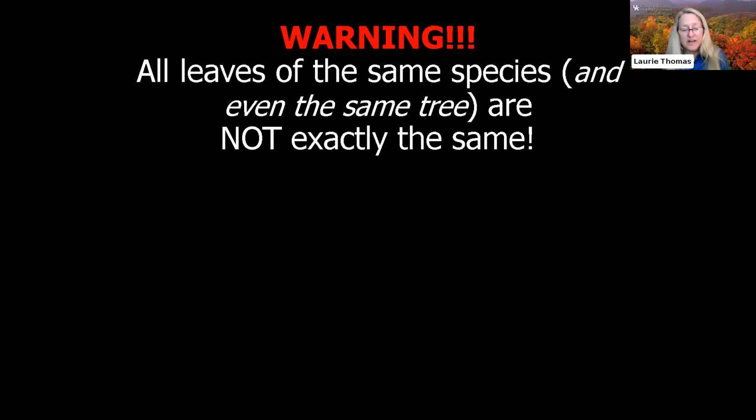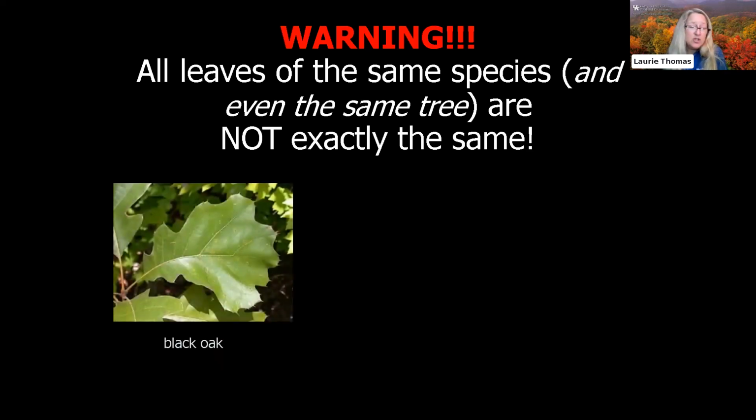But there's one thing I've wanted to point out. You want to make sure that you look at several leaves or groups of needles on a tree, because they are not usually the same, and it can be different for a variety of reasons. One, where it's growing, the tree, is it in the shade, is it exposed to more sun, maybe an insect's chewed on it or something. But here's a great example. Here's a black oak.